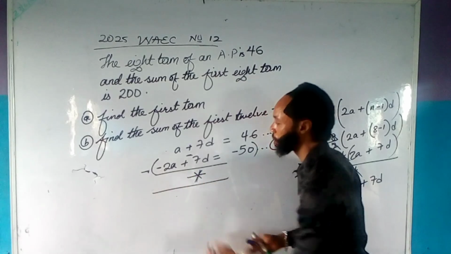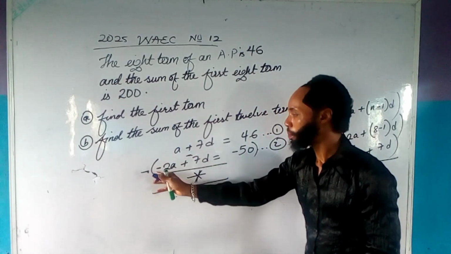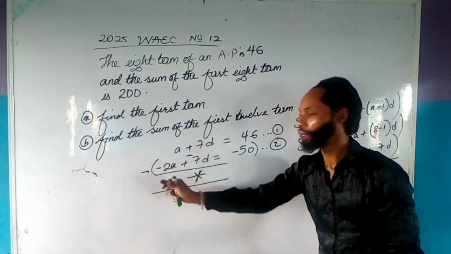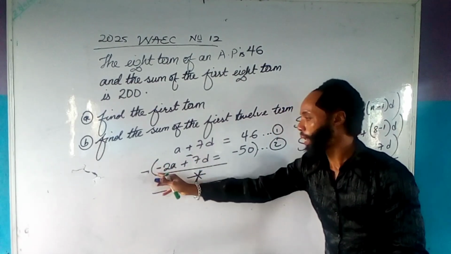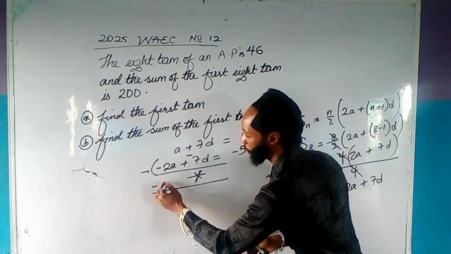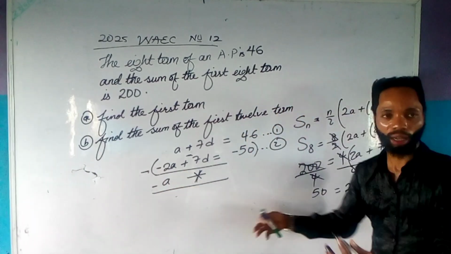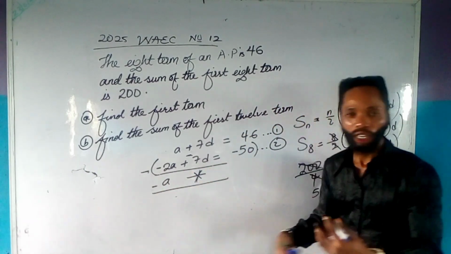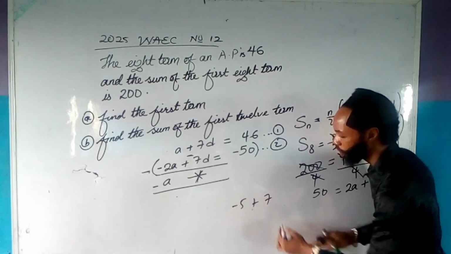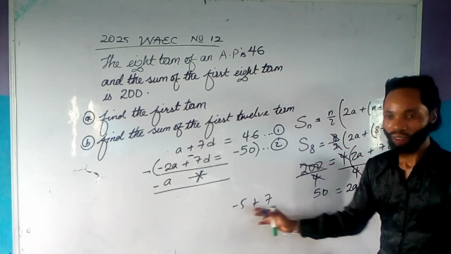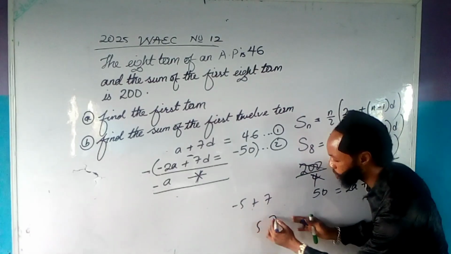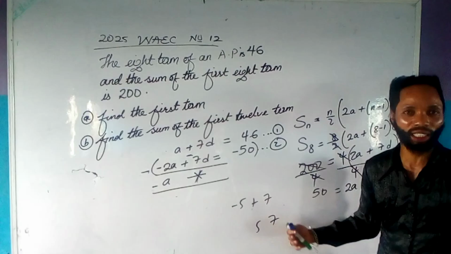Now we have nothing here for d. Now, a minus 2a, that's negative a. If you have a case where you have positive and negative, like minus 5 plus 7, just bring the two numbers out and find the difference.